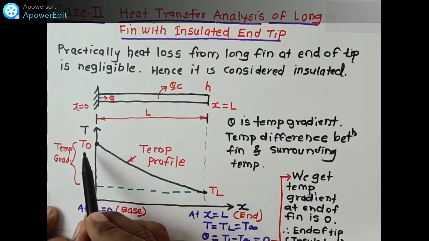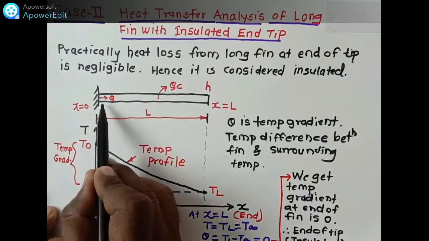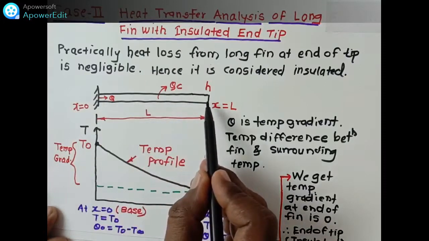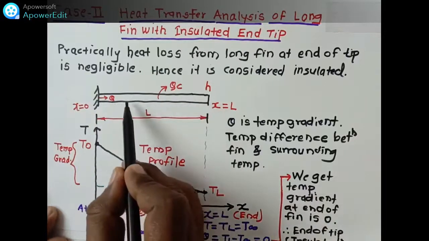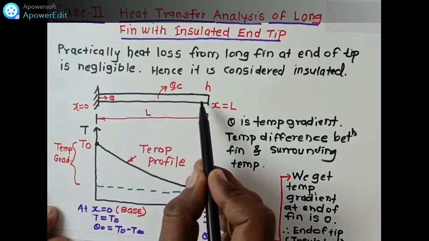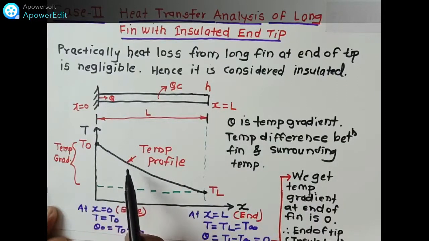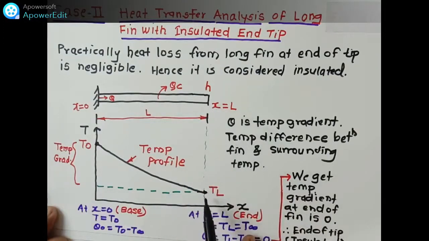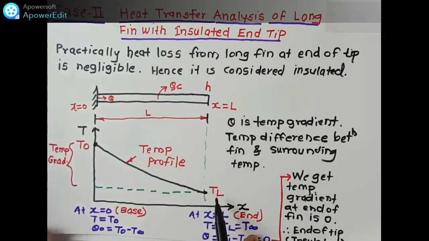So at x is equal to 0, temperature is T0. Now as the distance from the base increases towards the end of the fin, the temperature will be reduced. That's why the temperature profile is in this way. So at the end, means at x is equal to L, temperature is TL.